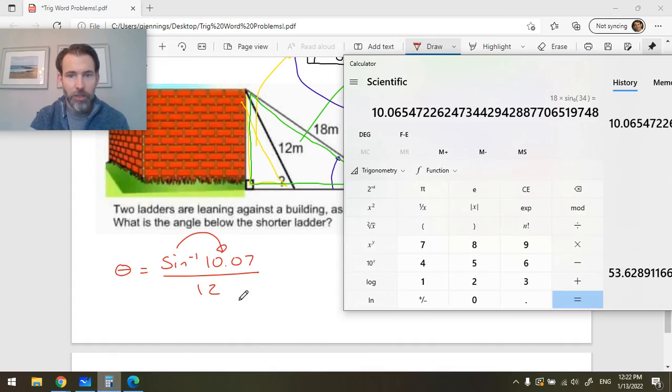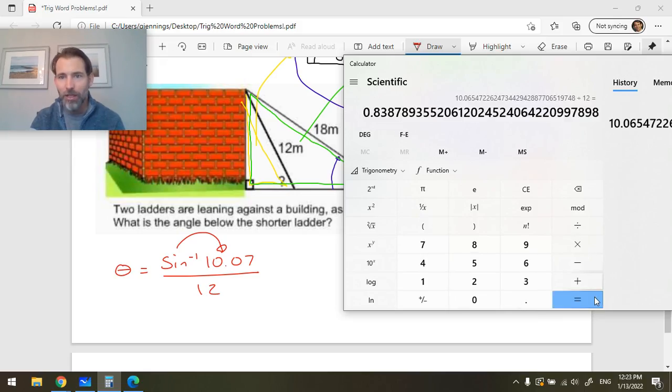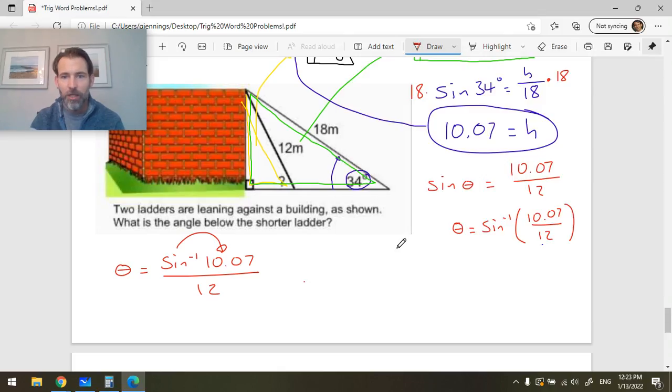So I already have the 10.07 on my calculator. This is pretty much an exact value. I'm going to divide that by 12 and say equals. This is the value of sine that I'm looking for. So this sine inverse will solve for the angle that has that sine.